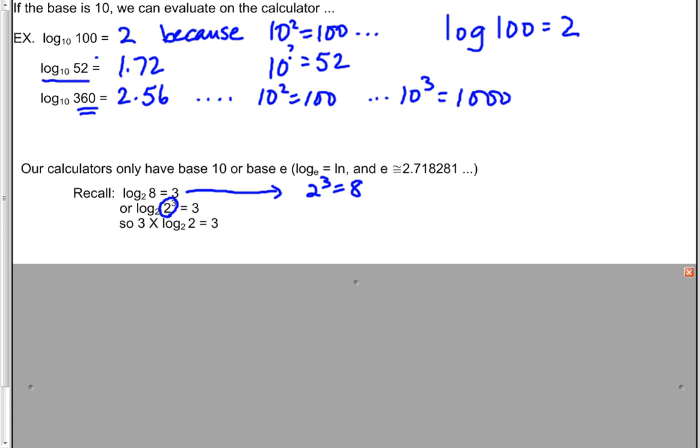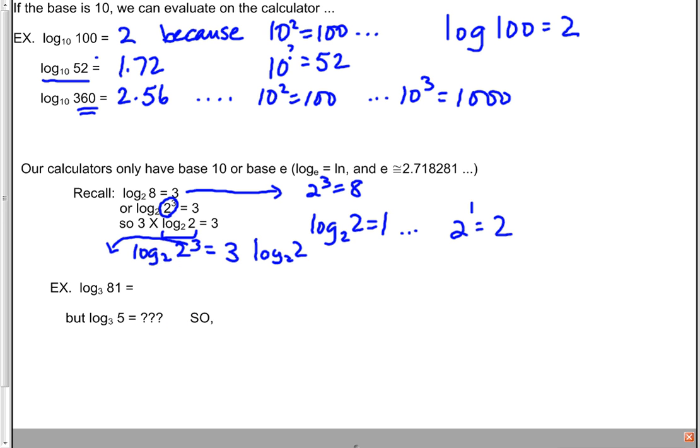My third line is true because log base 2 of 2 is equal to 1 because 2 to the 1 is 2. I wanted to show you that log base 2 of 2 cubed would be the same as bringing down that 3 and writing it as 3 log base 2 of 2.